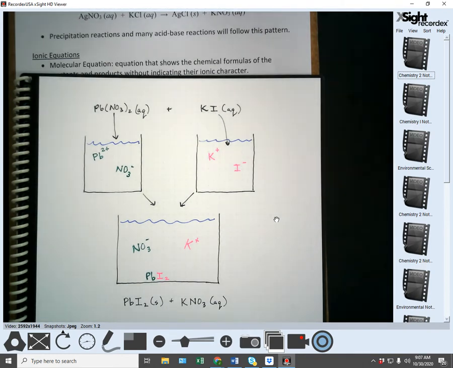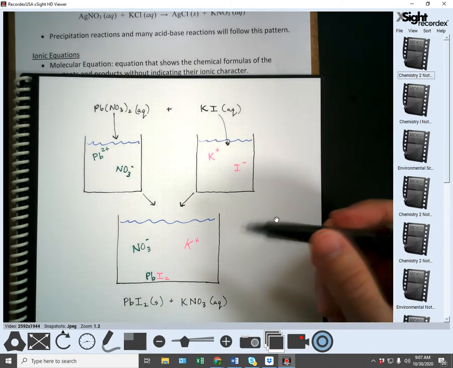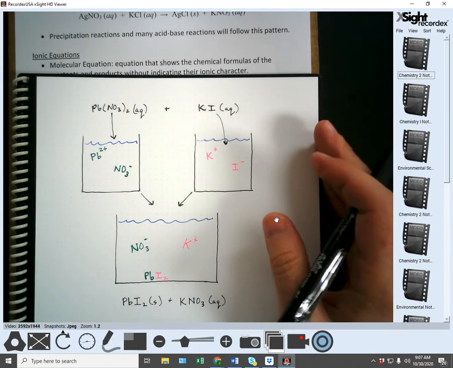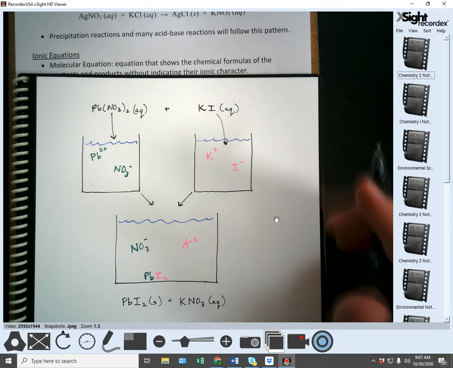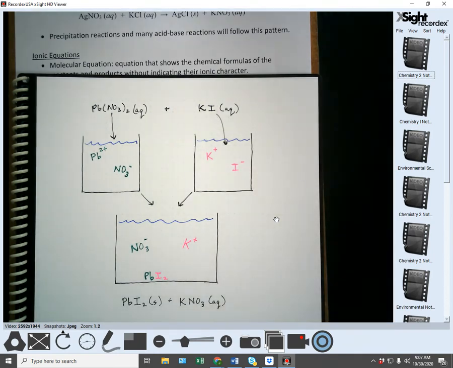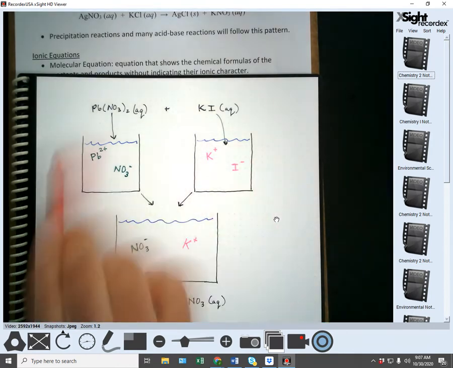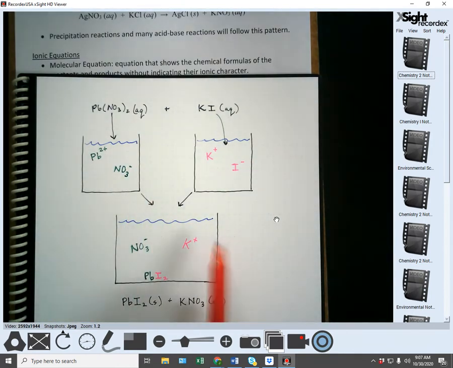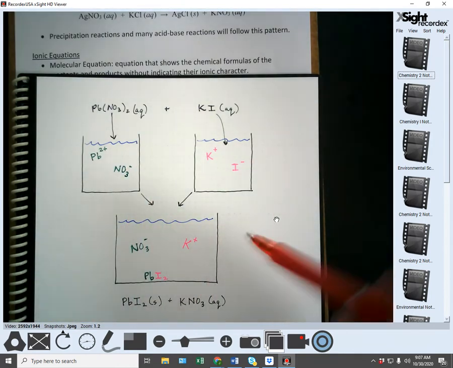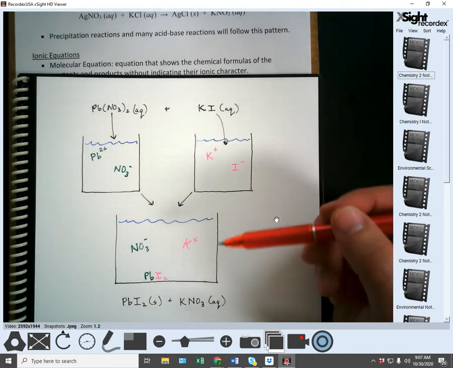Okay, here's where the spectator ion idea comes in. If you look at the difference between this up here and this down here, what's the only thing that's really changed?